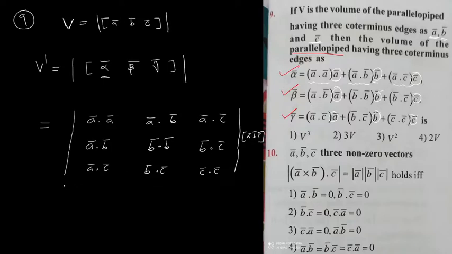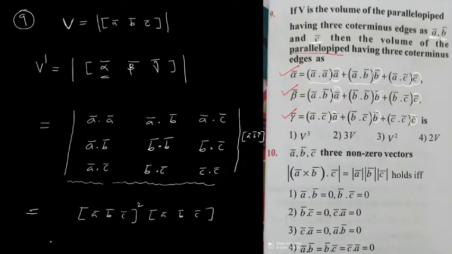So now what is this total expression? The determinant value has a direct formula. This will be box A bar, B bar, C bar whole square, into again box A bar, B bar, C bar. So this total determinant value is box A bar, B bar, C bar whole square.